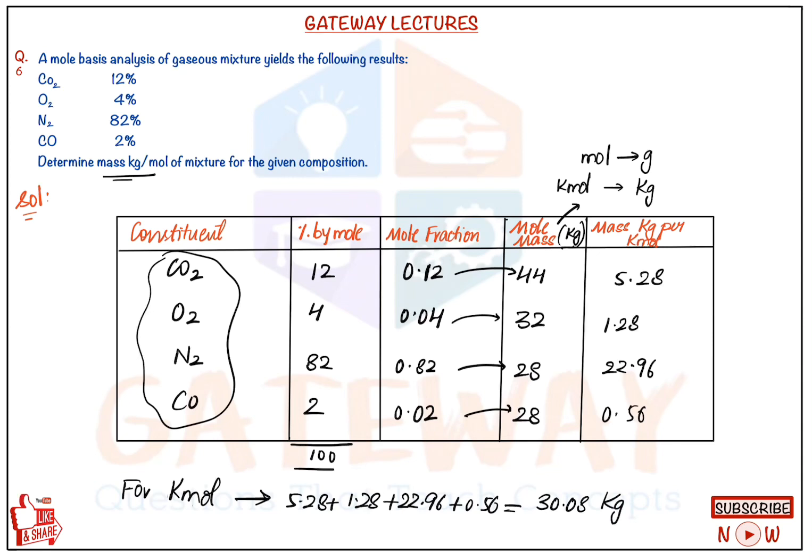It is kg per kilomole actually. So for 1 kilomole of this mixture, 30.08 kg will be the mass of this mixture by the composition.